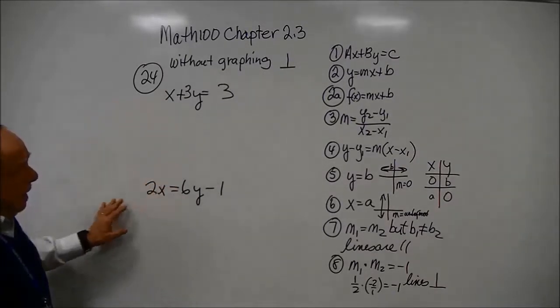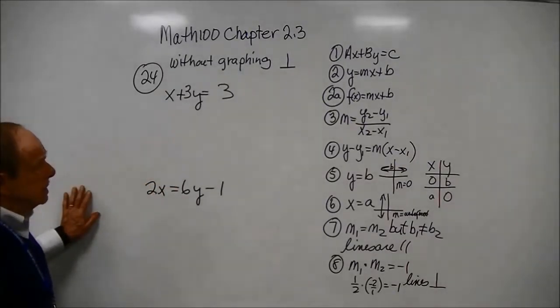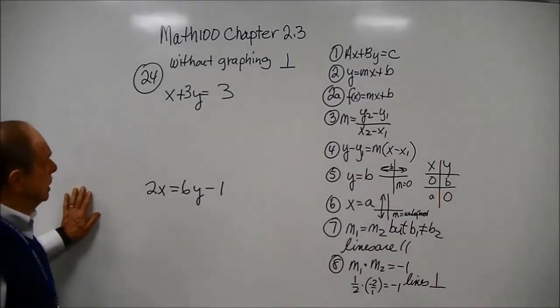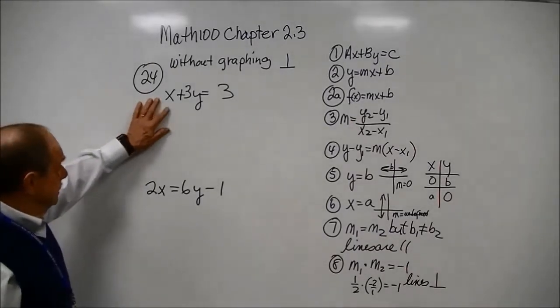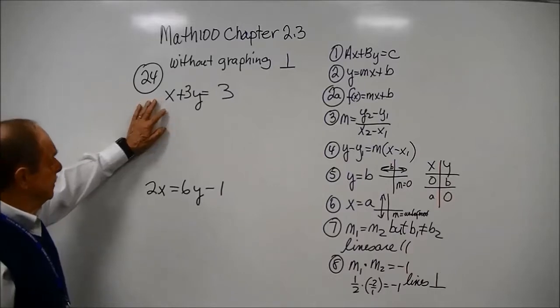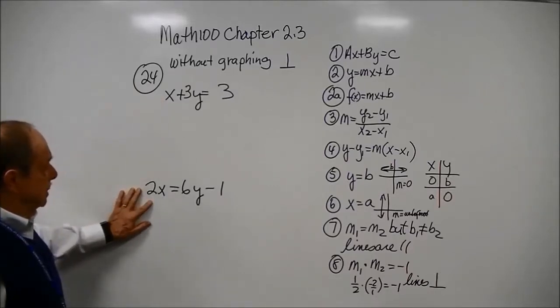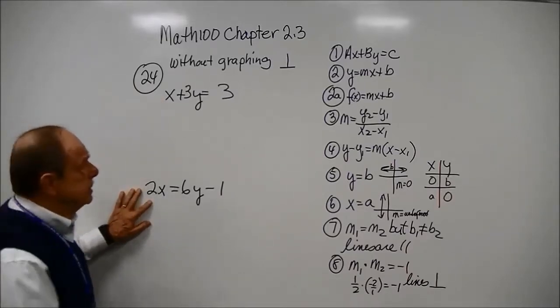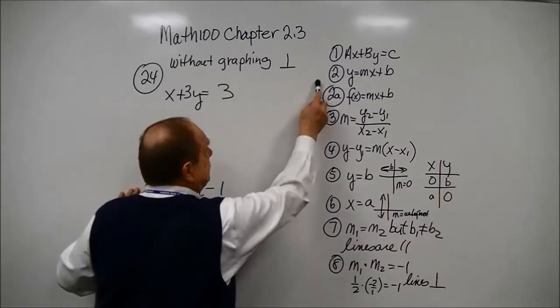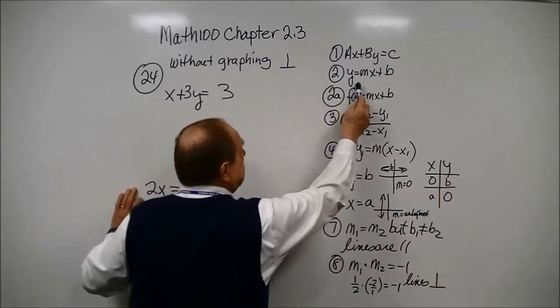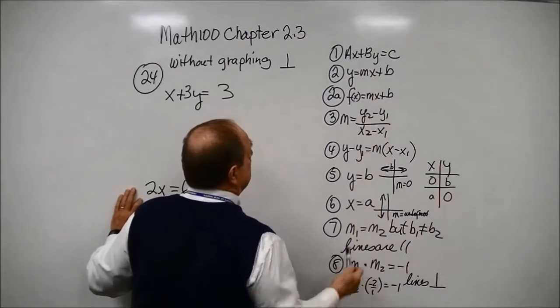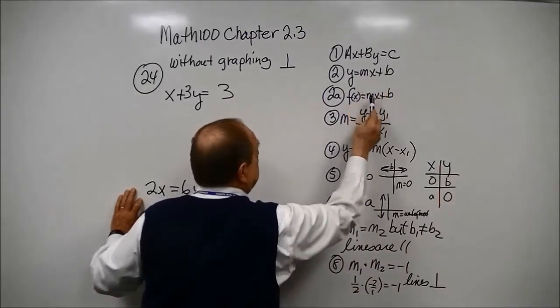So we're not going to graph, but what technique do we know that we can find the slope of this equation and then the slope of this equation? And the hint is in equation 2, where it's in slope-intercept form, we want to find the slope.